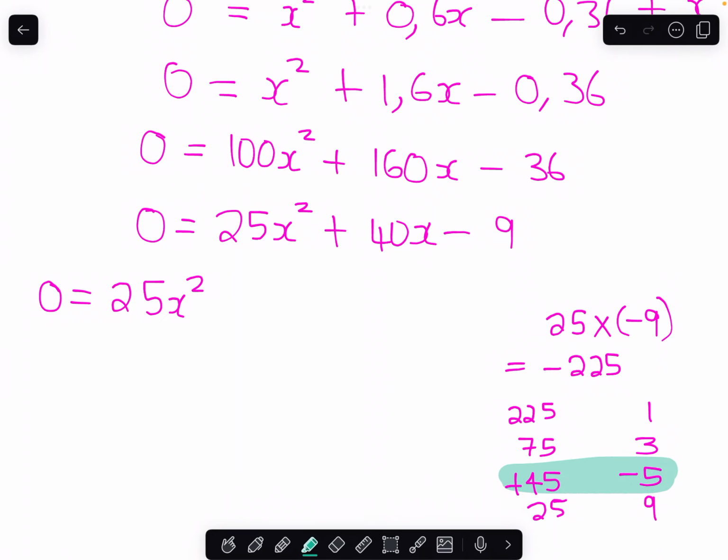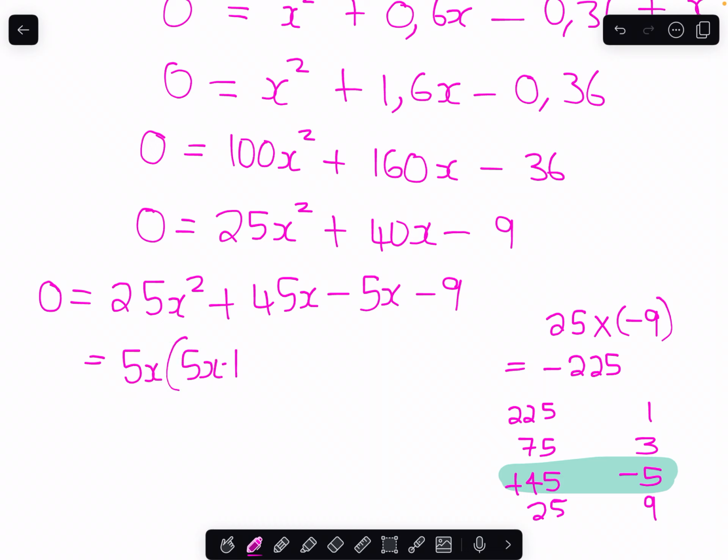Right, so let's go right ahead and rewrite the 40x as 45x minus 5x minus 9. And then I'm going to factor out a common 5x here, and I'm left with 5x plus 9. And then here I will factor out a negative 1, and I'm left with 5x plus 9.